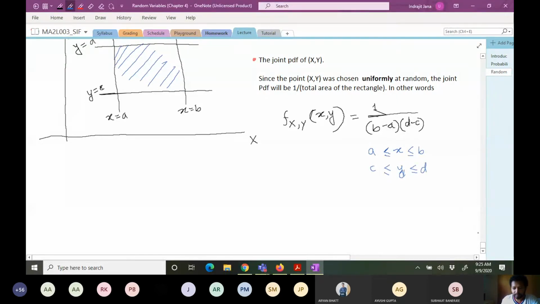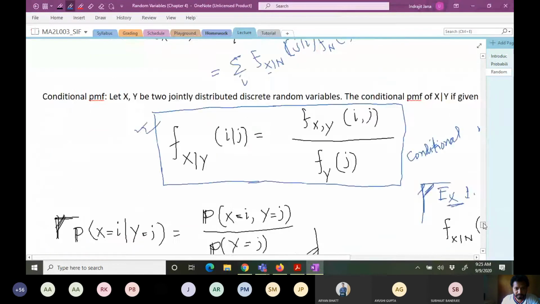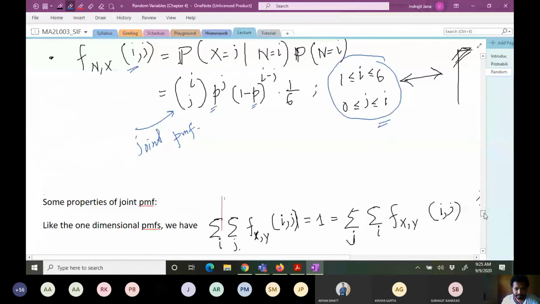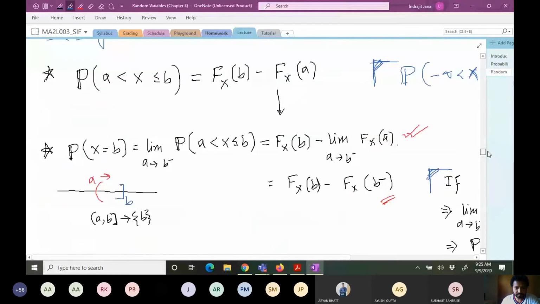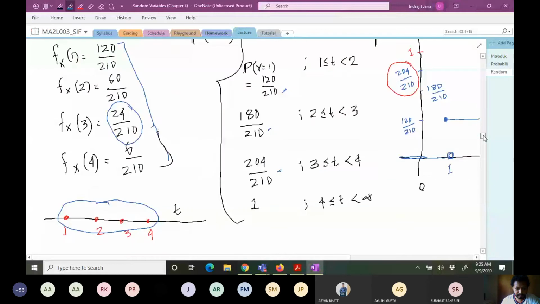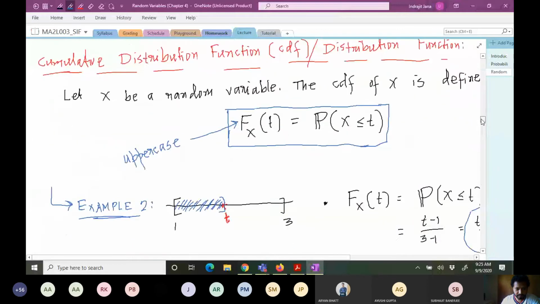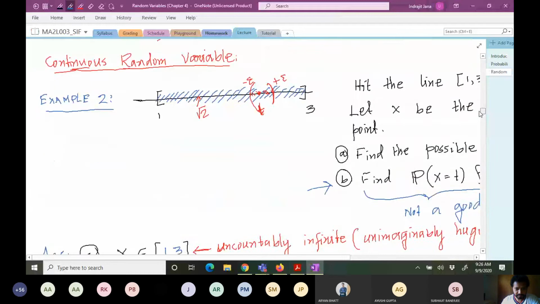Okay, now if you are wondering why this is the case, why it is 1 over the total area, let's compare this problem with the first problem that we did in continuous random variables, which was this uniformly chosen point from an interval.